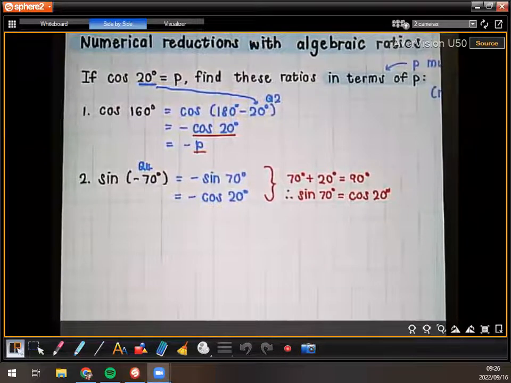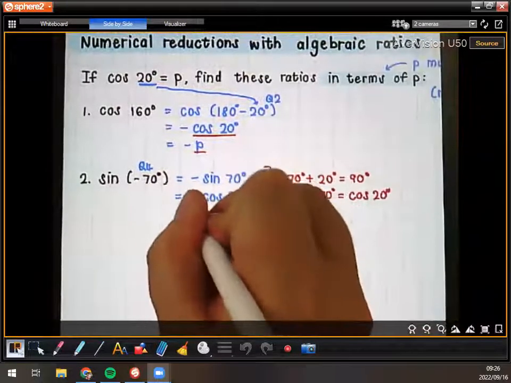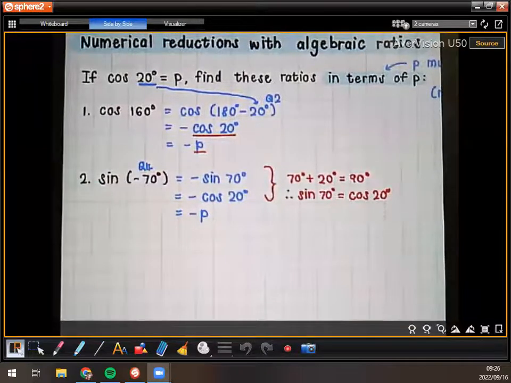Now again, if cos 20 is p, what's negative cos 20? So we're getting the same answer as the previous one.